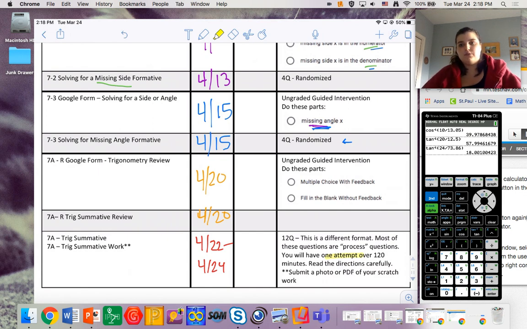There's a lot of process questions. So things I would normally see in your work, I'm just breaking them into little chunks for you to answer, okay? It should not take you 120 minutes. I would be very surprised. But if you get interrupted, you can get back in as long as it's within that 120 minute window, okay?